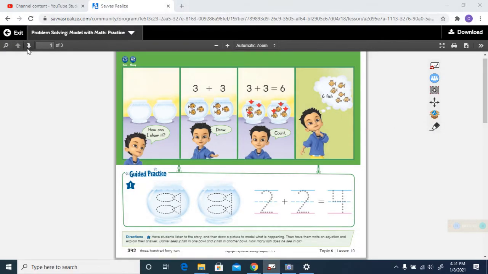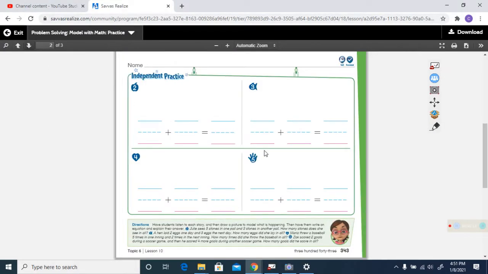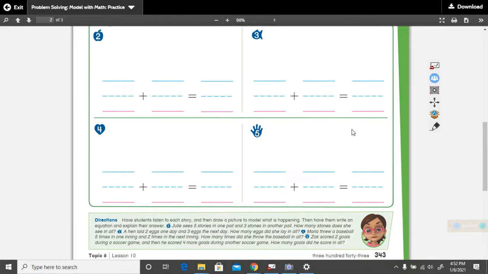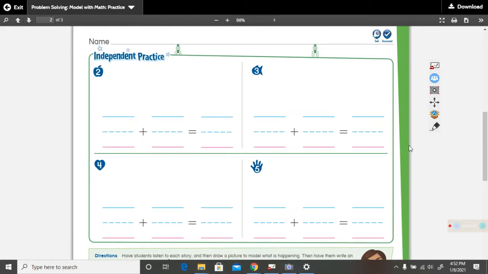Here's the next page. I made it a little bit bigger so we could see a bit. So I'm going to scroll down and we are going to look at the story at the bottom. Number 2 says, Julie sees 5 stones in one pail and 3 stones in another pail. How many stones does she see in all?